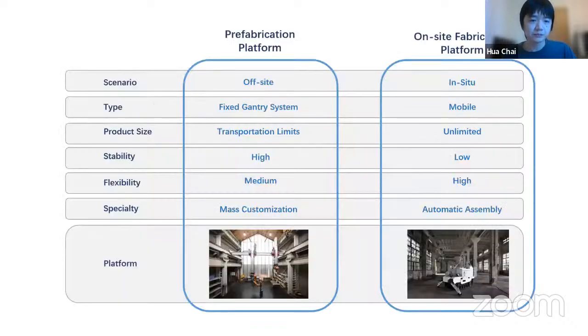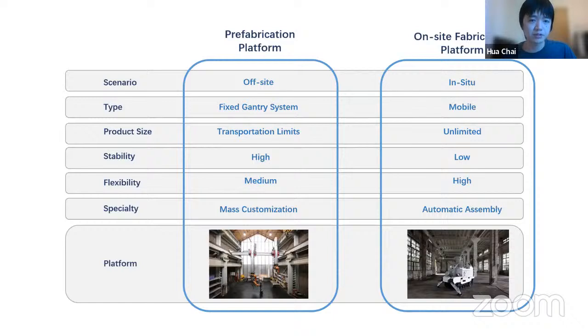So for the two types of construction scenario, two types of robot platform have been developed by our team at Tongji University. One is the prefabrication platform, and the other is the on-site fabrication platform.